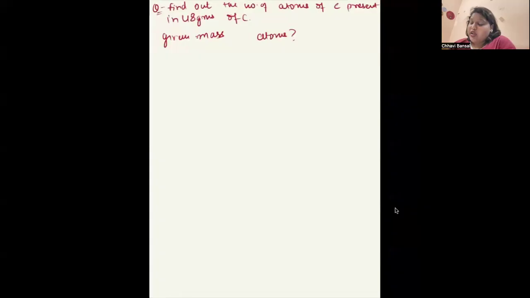For example, here, what is gram given? 48 grams. Instead of molar mass, the gram atomic mass of carbon is 12 gram, right? So what will be the number of moles?